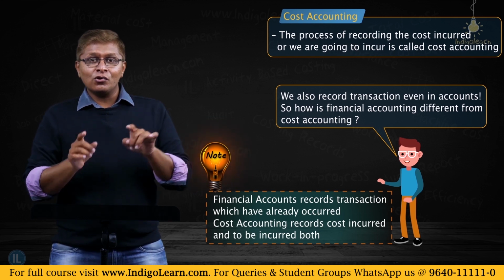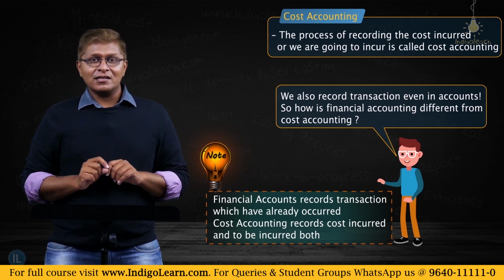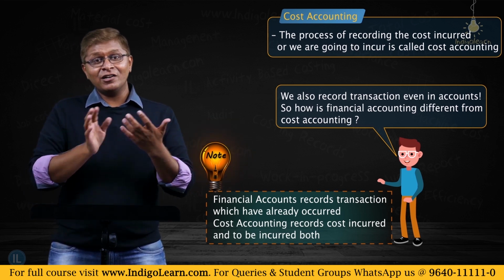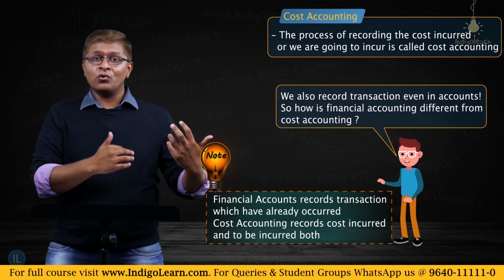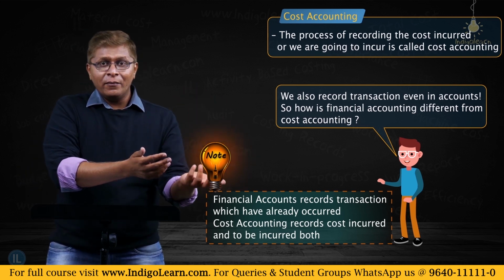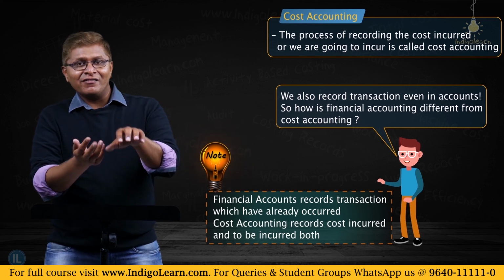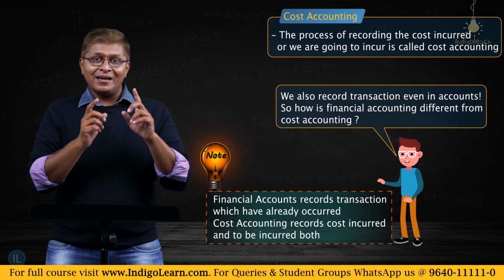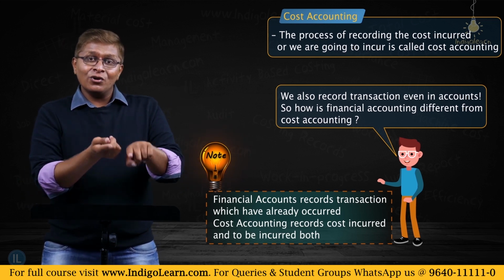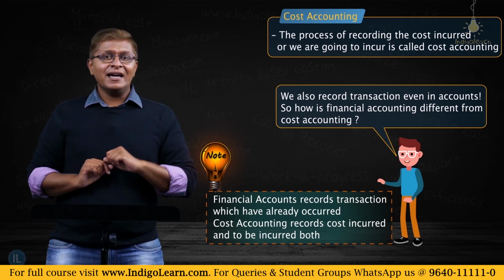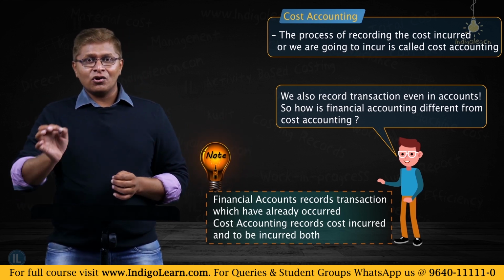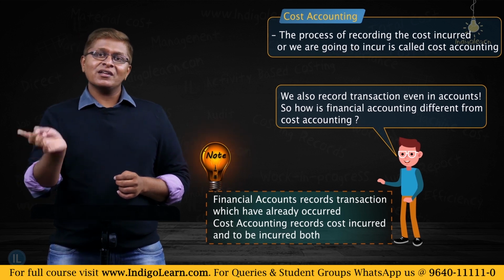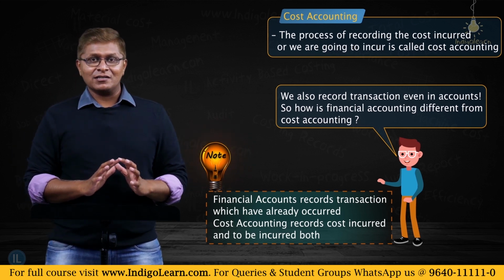However, when we come to cost accounting, we are saying we are going to prepare an estimate of cost. We are going to prepare a summary of the cost that we are going to incur, or we are going to prepare a statement of whatever we have incurred. So here the important point is costing can also be done before the transaction has taken place. Whereas in accounts, you are not going to record the transactions before the transactions have actually taken place.